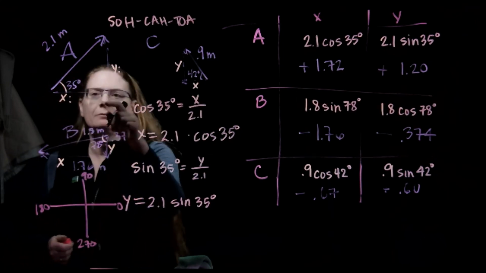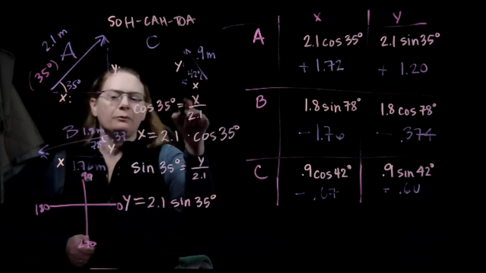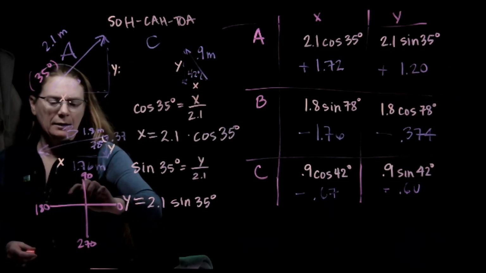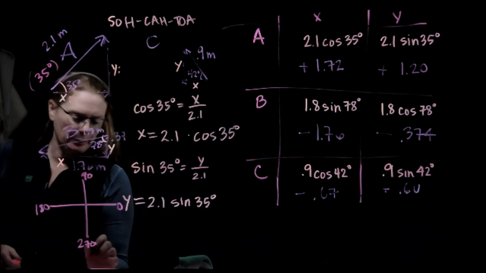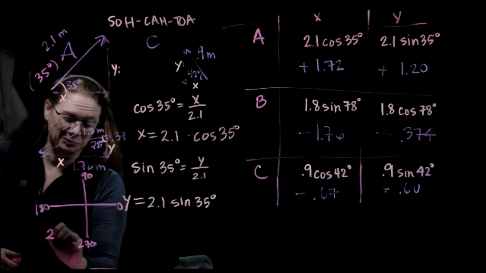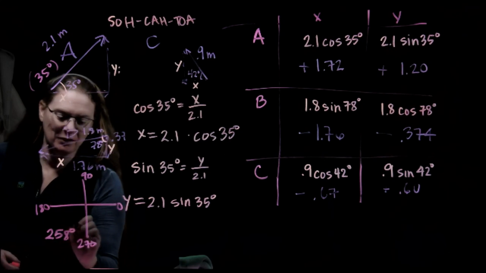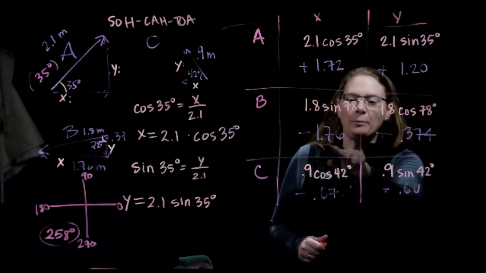So for this one, it would still be 35 degrees. But for B, we'd go all the way over to 180 and then add 78 to that. So we'd be just short of 270. We'd be at 258 if I'm doing this right. I think it's 258. So we'd use 258 in here and here, and that would pop out these negative signs for you.